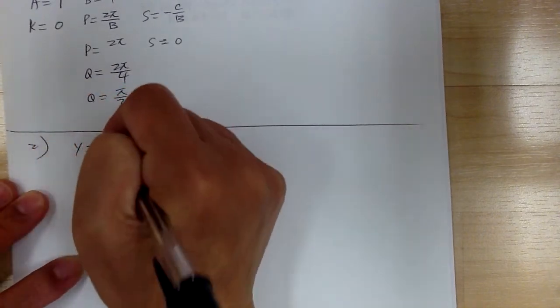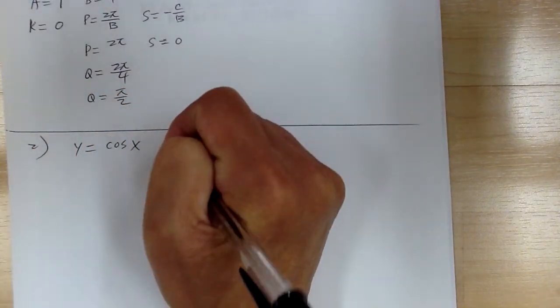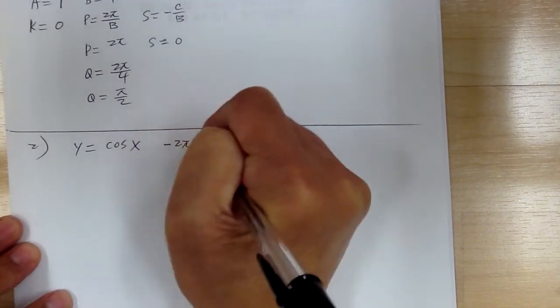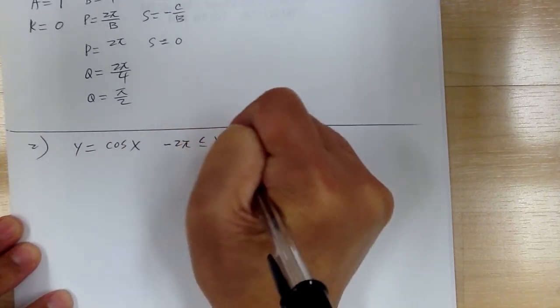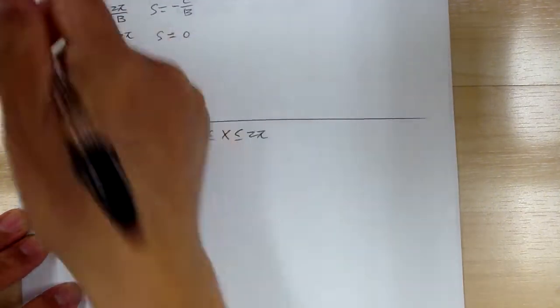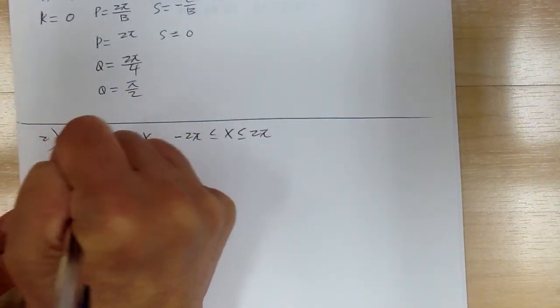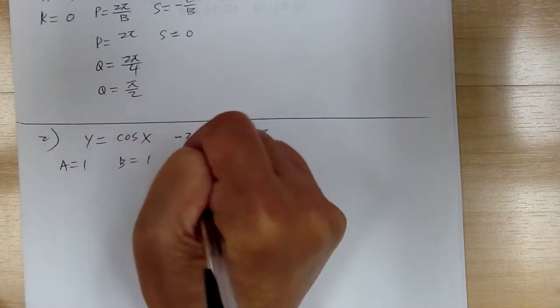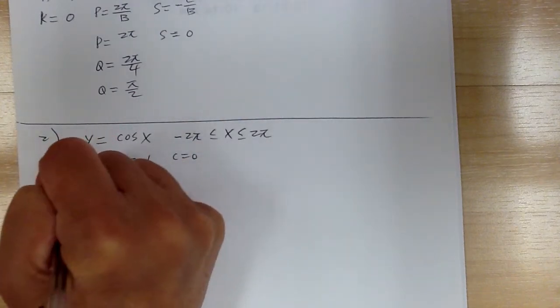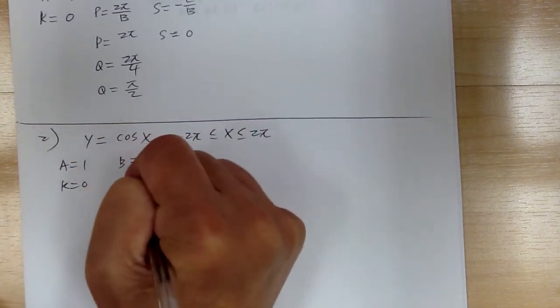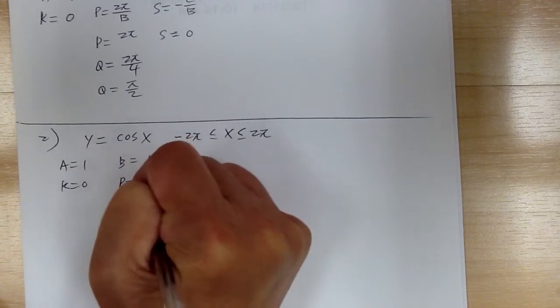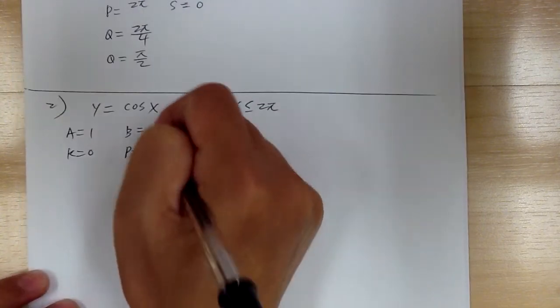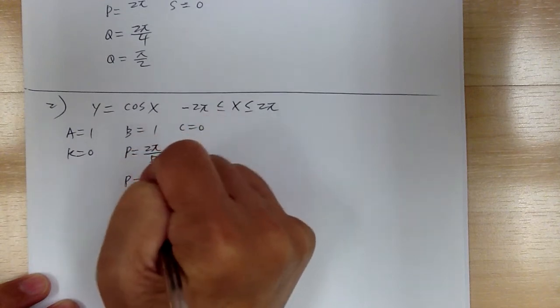Very similar, you've got y equal to cosine x, and you want to go from negative 2 pi to 2 pi. So get all the information. So again, A equal to 1, B equal to 1, C equal to 0, so K equal to 0, period equal to 2 pi over B. So write down your formula first, and then you substitute, so it would be 2 pi.